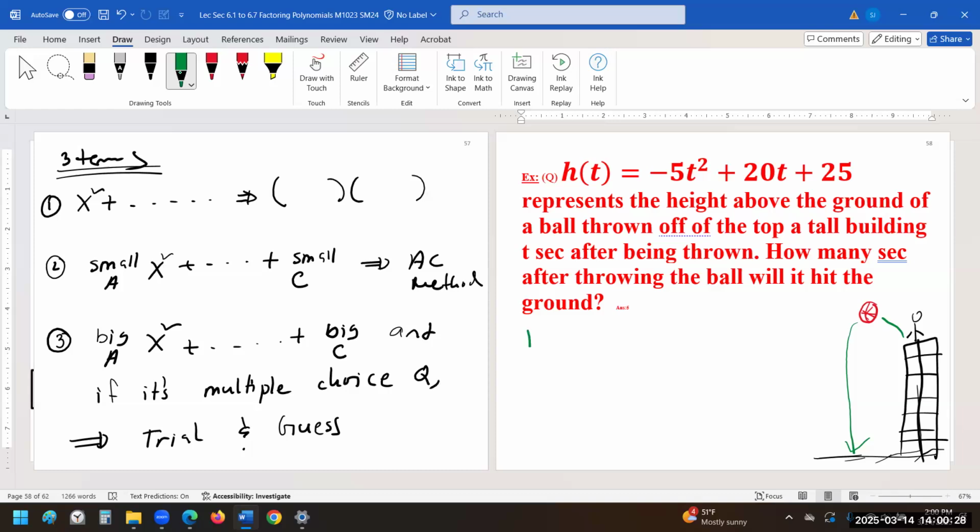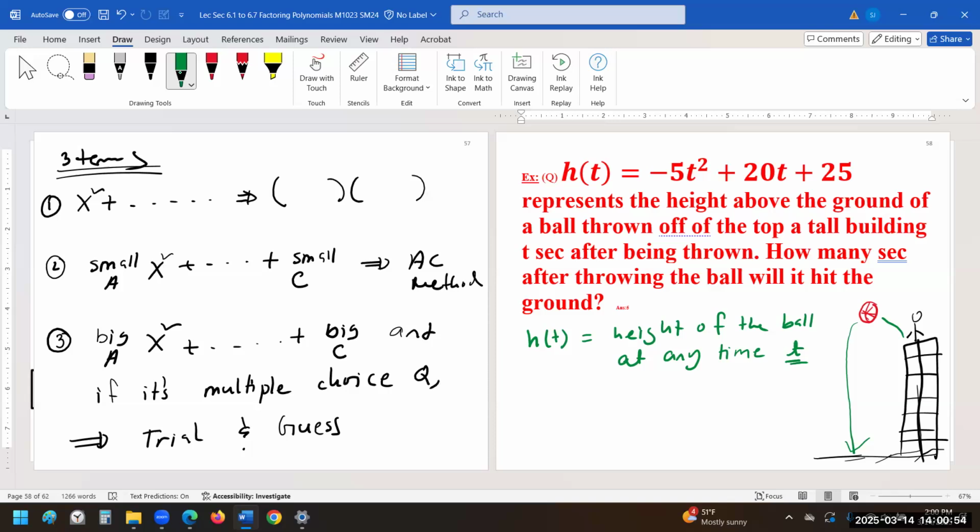So this h of t they gave us is the height of the ball at any time t. It could be after 1 second, 2 seconds, 3 seconds, 5 seconds, 100 seconds. So after t seconds, how high the ball is, this is the h of t.